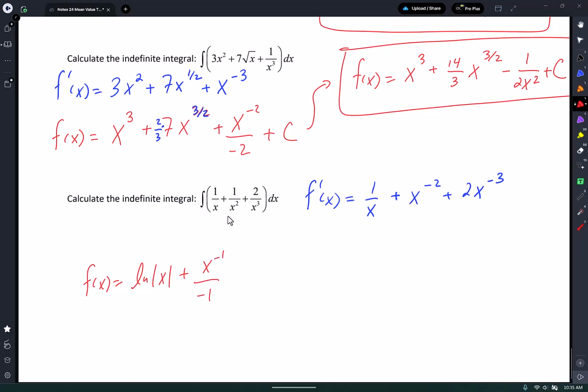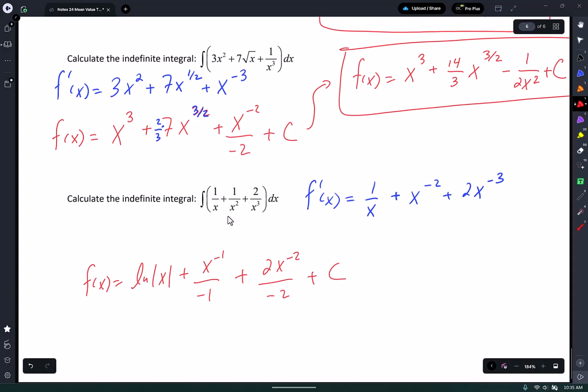X to the negative 1 over negative 1. Plus, and don't worry, we'll fix it in a little bit. Add 1 to the exponent, divide by that number. Plus c. How are we feeling, guys?